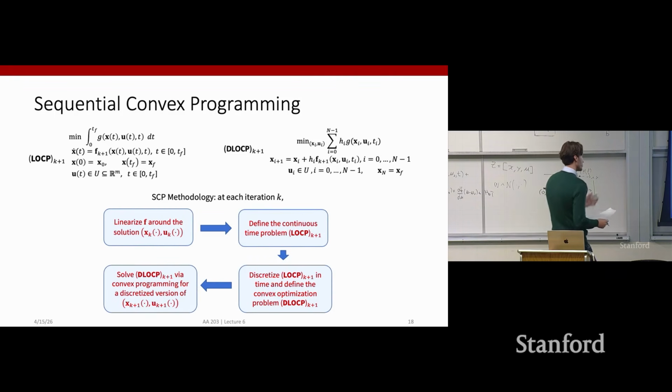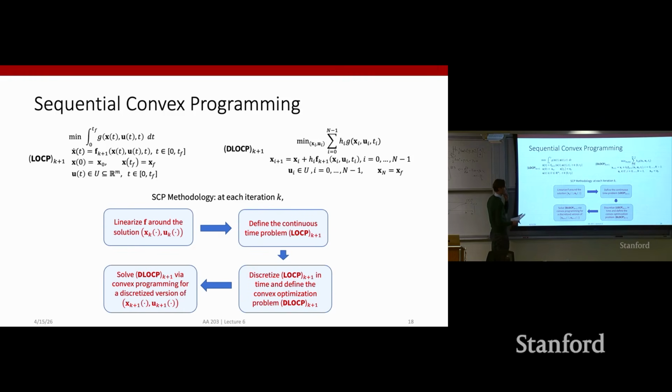So at a high level, sequential convex programming essentially defines this scheme where we're given a nonlinear optimal control problem in continuous time. To solve this, we define this iterative scheme whereby we linearize the dynamics around a nominal trajectory. Initially, this would just be an initial guess.